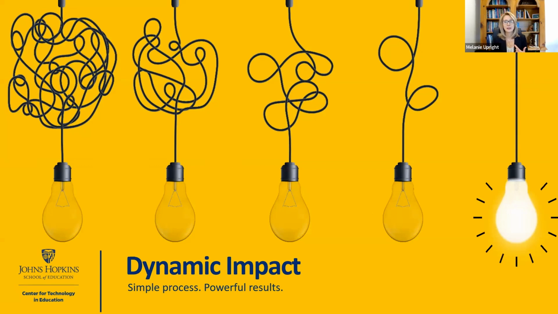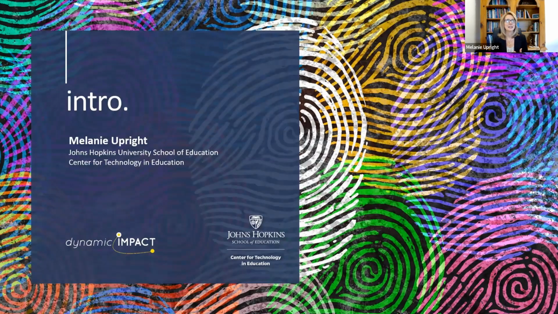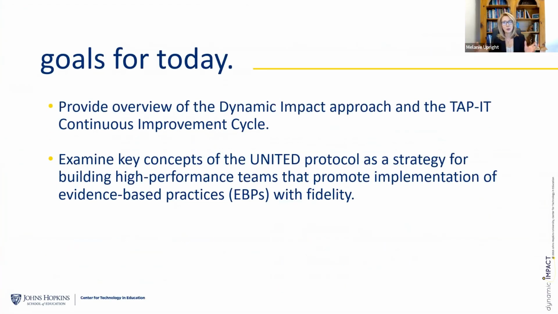But within the time frame that we have, and in trying to do justice to the work that many researchers over years have put into creating this through Johns Hopkins University Center for Technology and Education, I am going to bring to you a quick overview of what the dynamic impact approach is, the TAPIT continuous improvement cycle, and then also this is where that tool comes in.